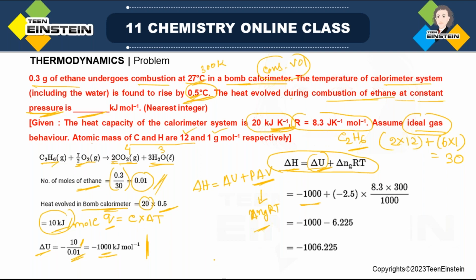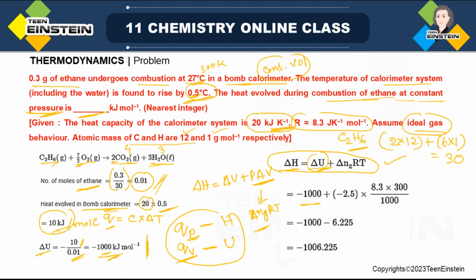Now when it is constant pressure, you have to consider del H. So Qp, the amount of heat absorbed or evolved under constant pressure, is related to H. But when it is Qv, it is related to U. So you have started with Qv, but you need it for Qp. That is why we are using this equation.